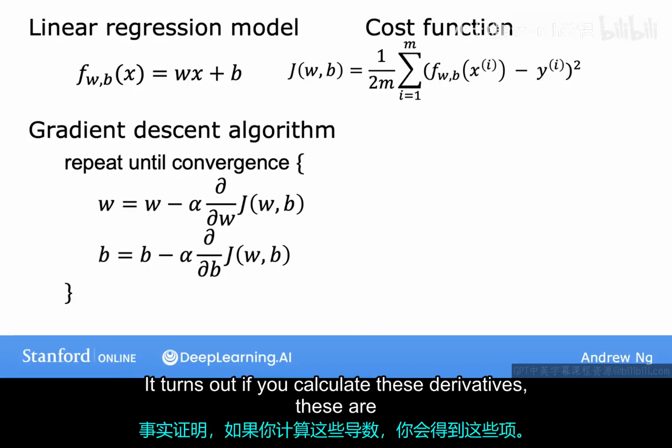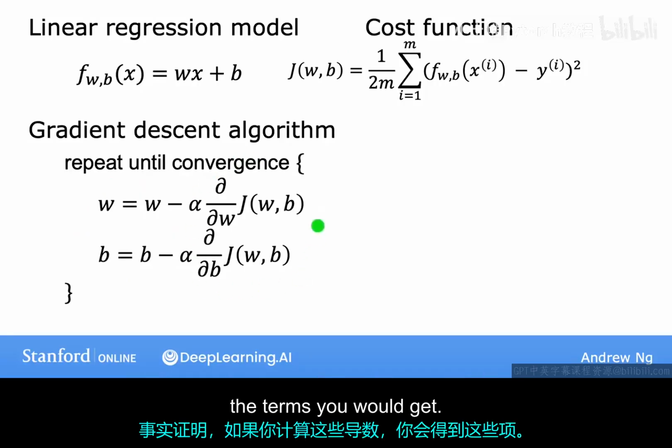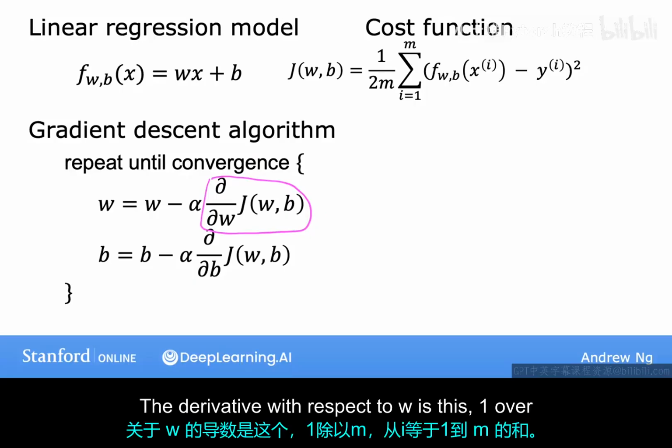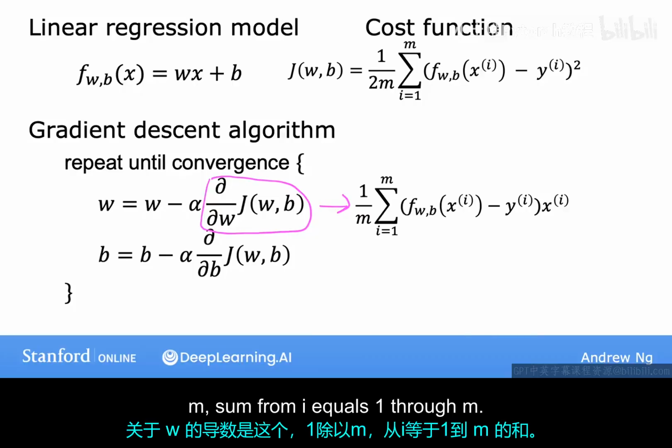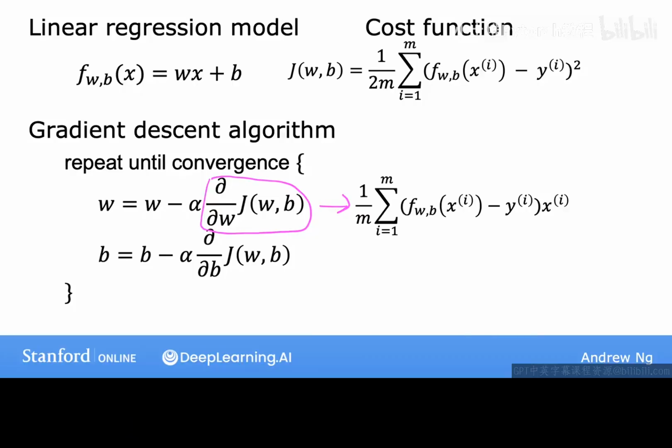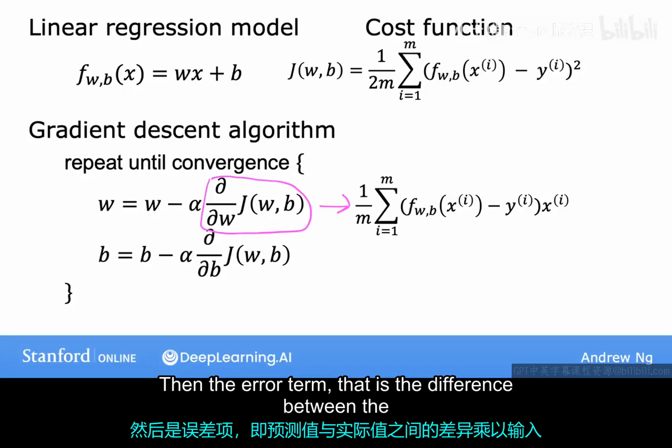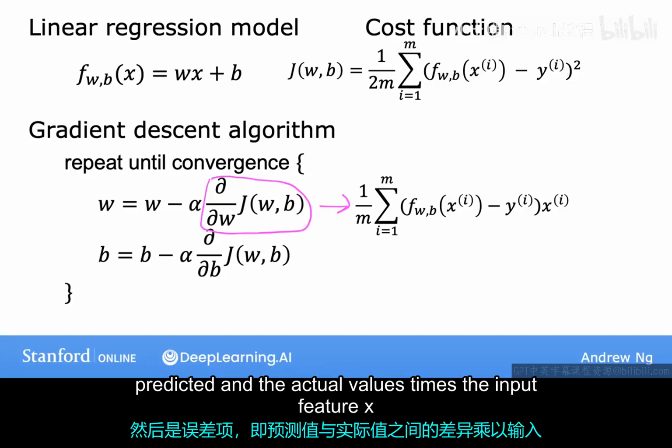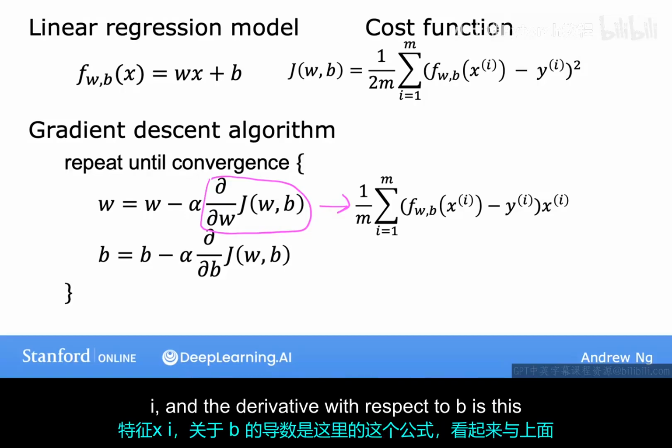It turns out if you calculate these derivatives, these are the terms you would get. The derivative with respect to w is this: 1 over m, sum from i equals 1 through m, then the error term, that is the difference between the predicted and the actual values, times the input feature x_i.